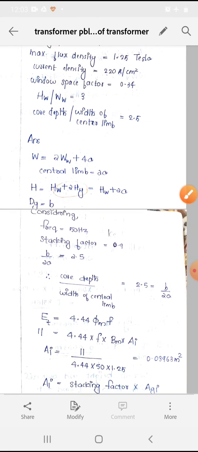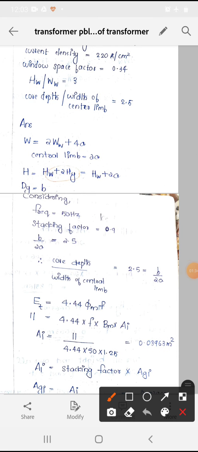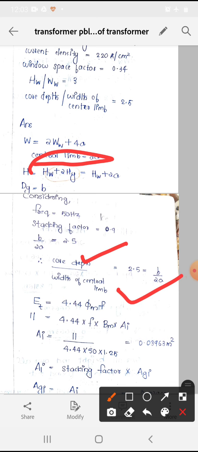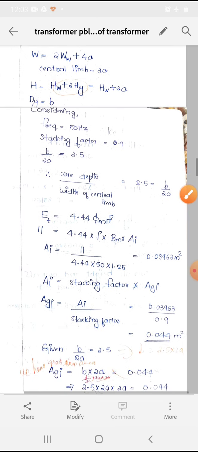So here core depth to width of center limb is given as 2.5. Core depth is denoted by small b, and width of the center limb is 2A, that is b by 2A is equal to 2.5.